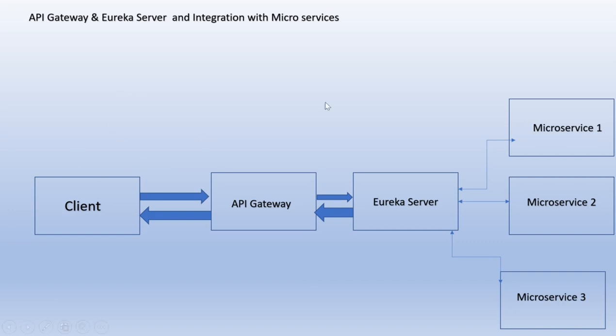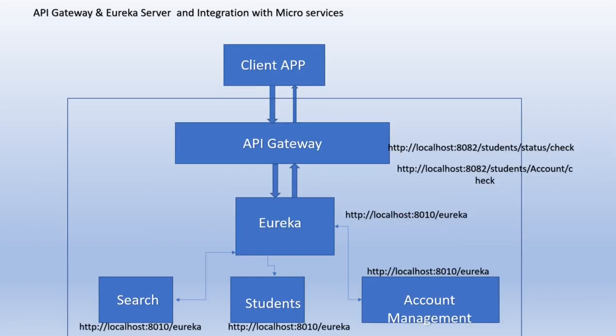If some of the developers are looking for a vertical one, this vertical architecture also works the same way. The previous diagram was horizontal, and this is a vertical diagram. So the client app will be requesting the API gateway, and Eureka is registered with the search operation, students, and account management.